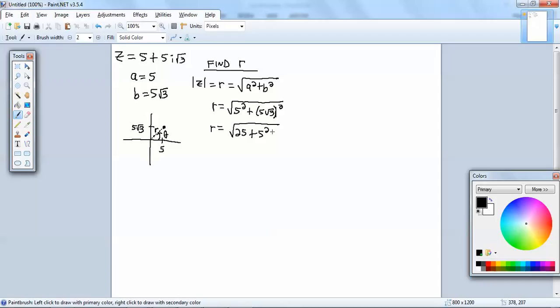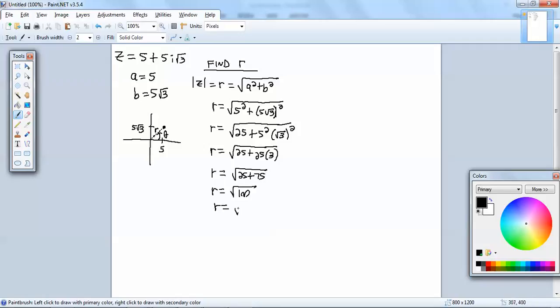So I'm going to have 5 squared and square root of 3 squared. So we're going to have 25 plus 25 times, remember when you square a square root, they cancel each other away, so it just gives us 3. So we'll have 25 plus 25 times 3 is 75. So that gives us r. r is equal to the square root of 100.